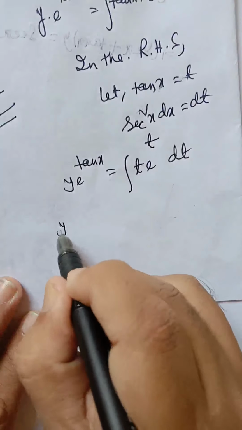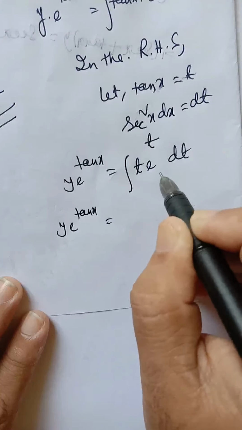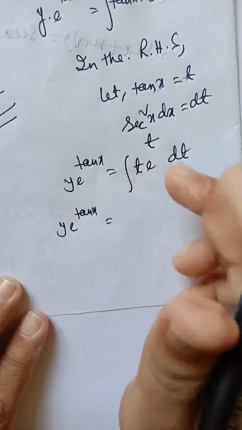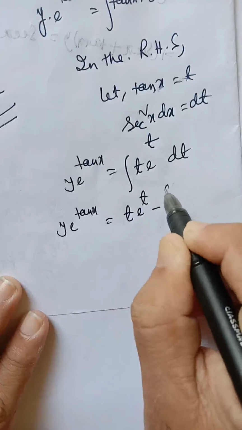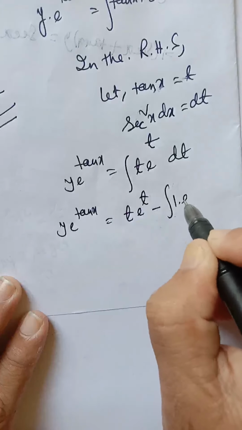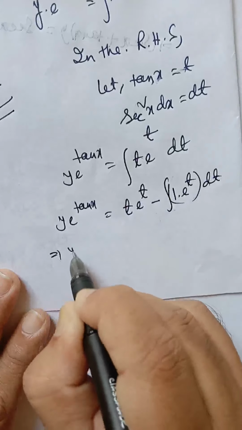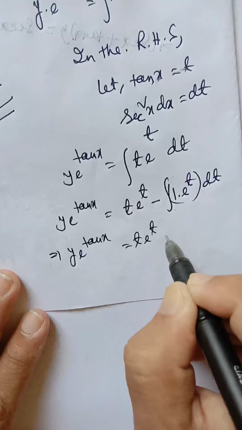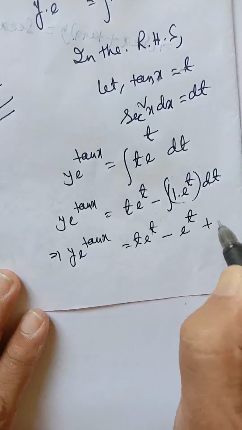So y into e to the power tan x, applying product rule, t into e to the power t: algebraic, exponential, first function, second function. First function unchanged, integration of second, minus integration of derivative of first into integration of second dt. So y into e to the power tan x is equal to t into e to the power t minus 1 into e to the power t, which is e to the power t, plus c.